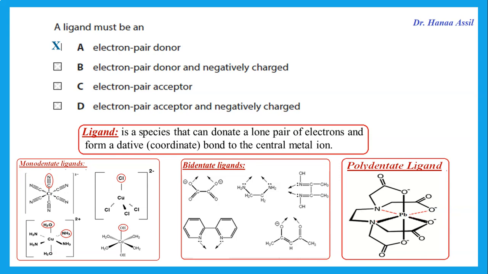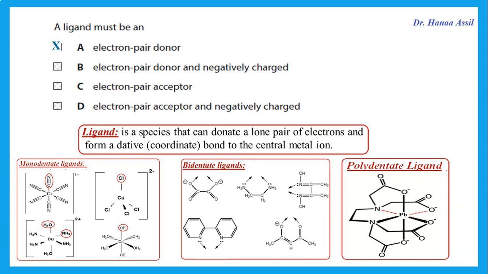It has a lone pair of electrons that it can use to form a dative bond to the central metal ion. Chlorine is also something that has lone pair of electrons, the chloride ion. This is Cl minus actually, and it uses one of the lone pair of electrons to form a dative bond to the central atom.